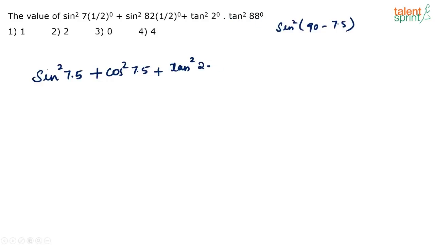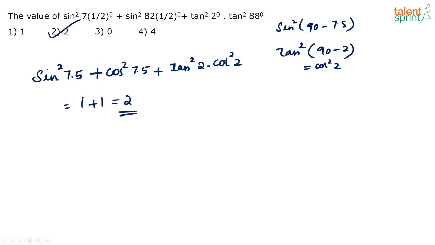What is tan squared 88? That is nothing but tan squared of 90 minus 2, or that is equal to cot squared 2. This is equal to 1 plus 2. Correct answer is option 2.